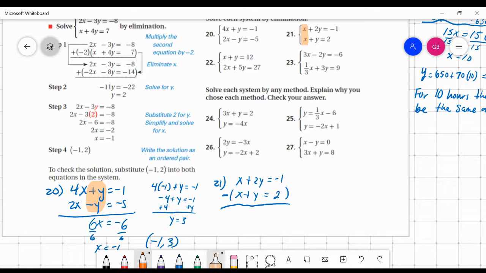Okay, you're going to subtract, so this eliminates. So that means that 2y minus y is y. Negative 1 minus 2 is negative 3. So y is negative 3. I'm going to plug it into the second equation and then solve for x by adding 3 to both sides. So x is 5. Negative 3, comma 5.